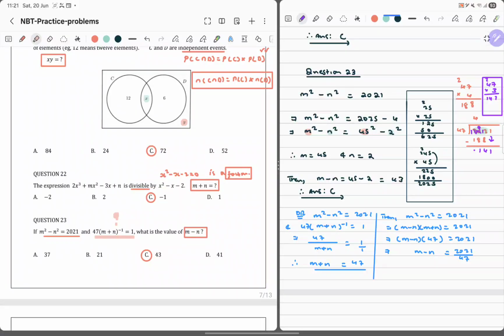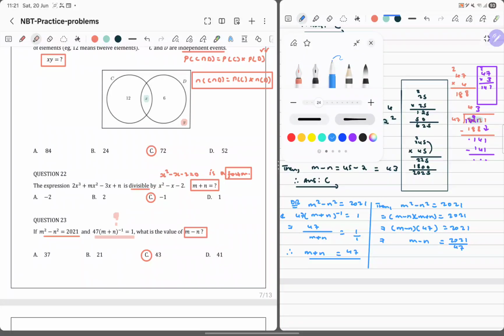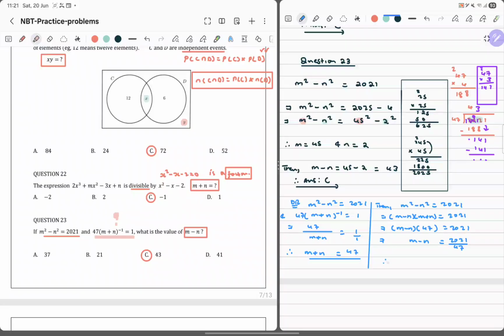Indeed, it's 3 times. So that becomes 141. Then we get 0, 0. So this is 43 times indeed. Wow. So we can come back, make our conclusion and say, therefore, it is going to be 43, our quotient.